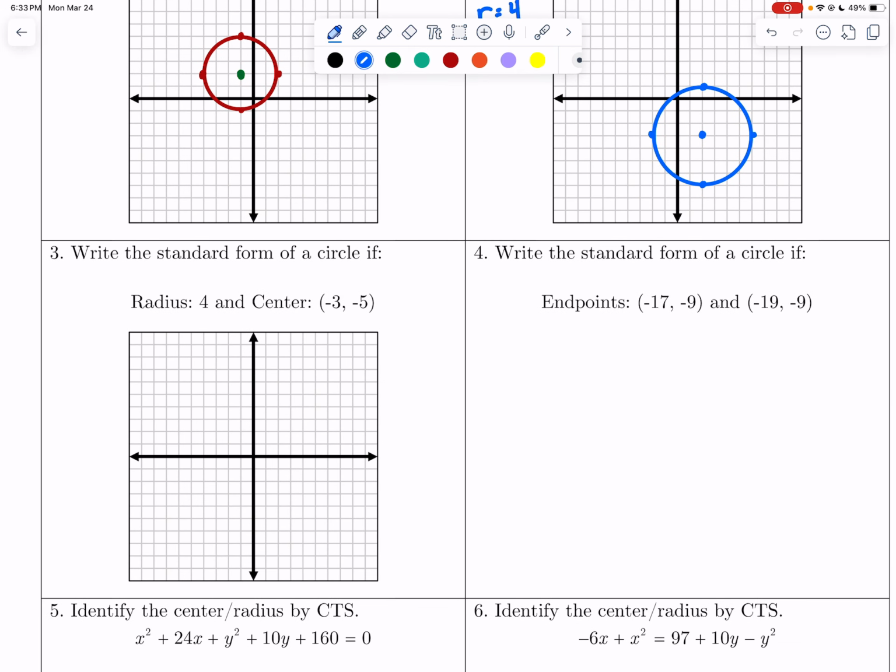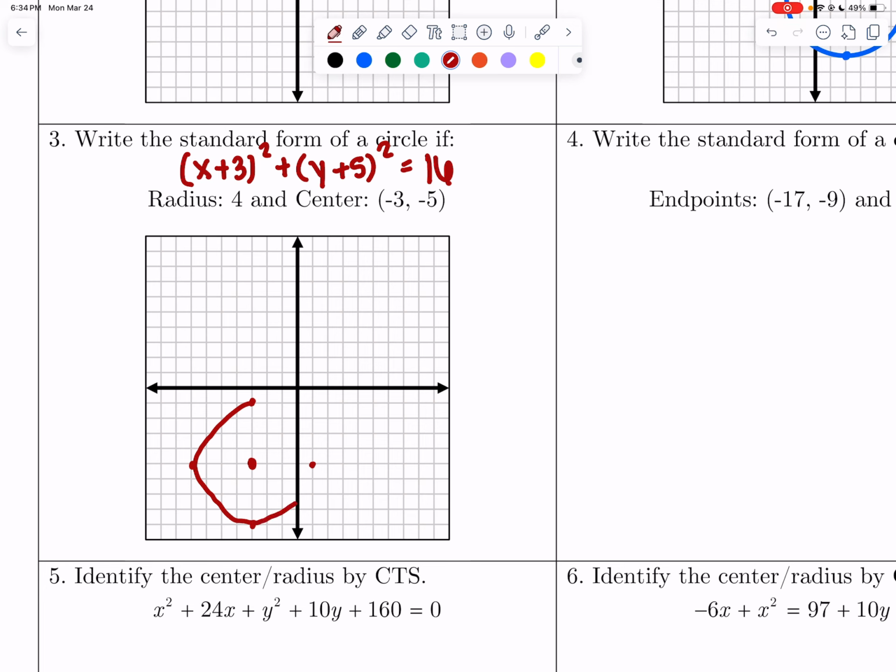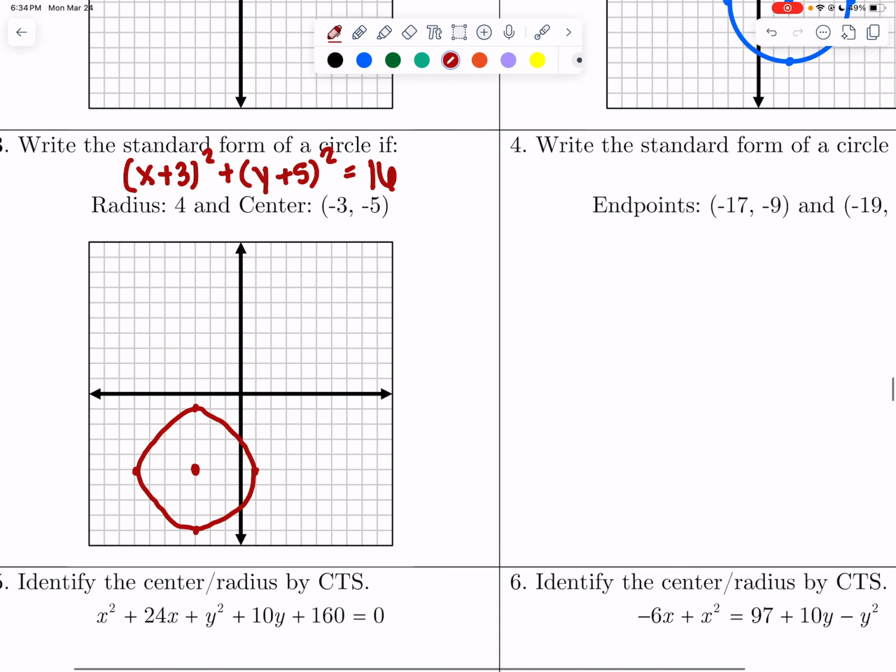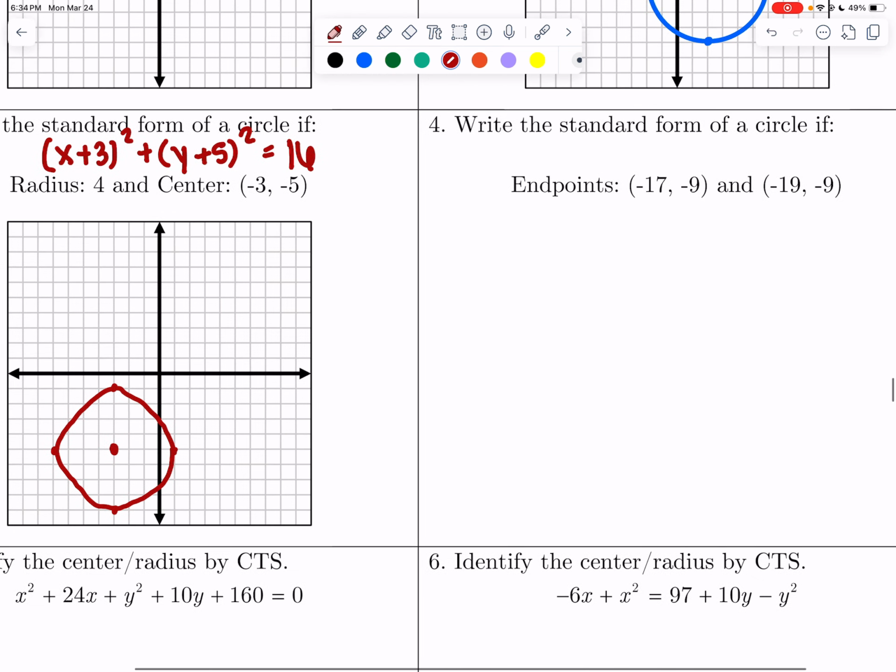And then I'm going to go up 4, left 4, down 4, then right 4. And then, of course, there's my lovely circle.